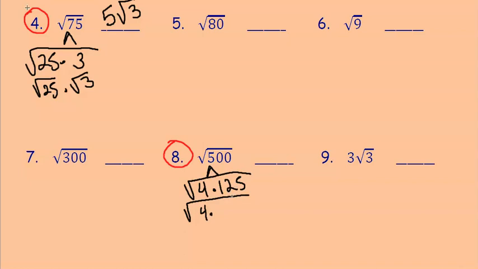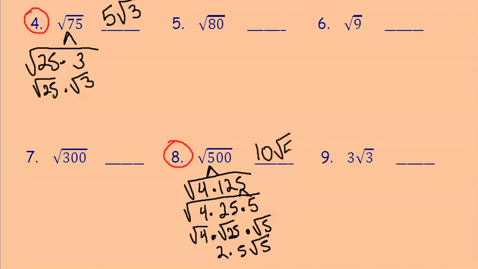We can't divide out 9, but we can divide out 25. 25 times 5 is 125. So then we have the square root of 4 times the square root of 25 times the square root of 5. So we have 2 times 5 times square root 5. That's 10 square root 5.